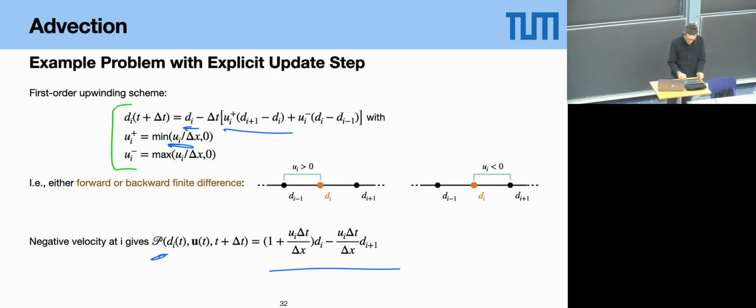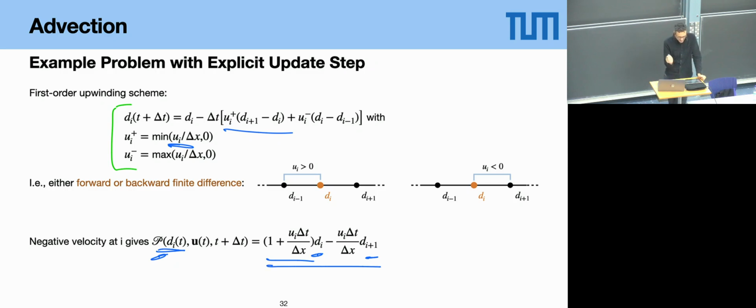So what we're left with in the end is down here 1 plus this factor from the velocity times di, and just this velocity factor di plus 1, or minus, the minus sign, and this gives us the updated value of our di.